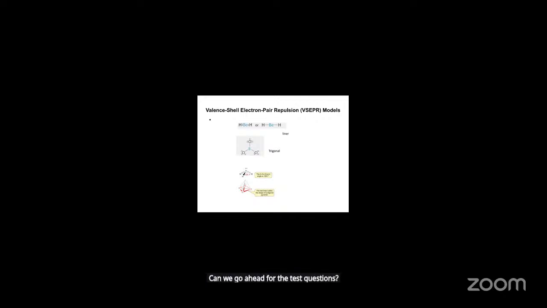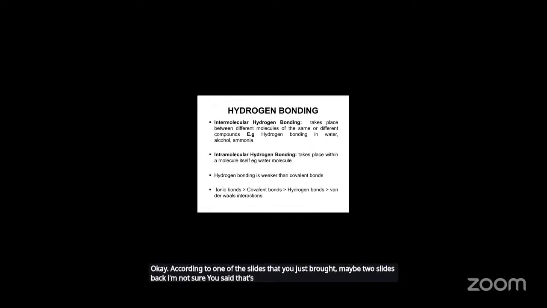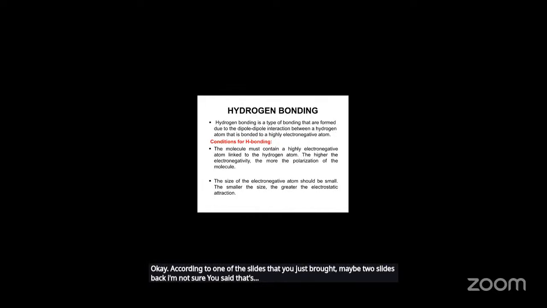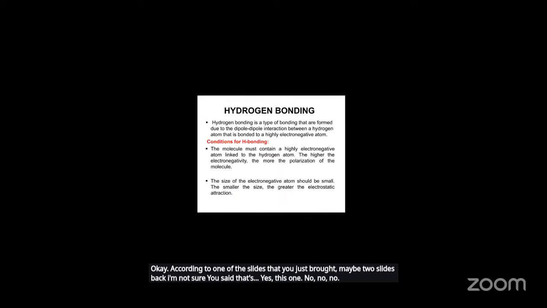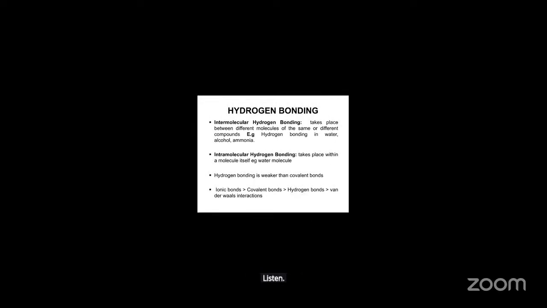Question, ma. Please, I have a question. According to one of the slides that you just dropped, maybe 2 slides back, the one where you showed ionic bonding and covalent bonding, you said ionic bonding is meant to be stronger than covalent bonding.